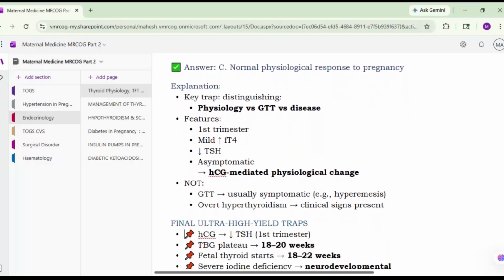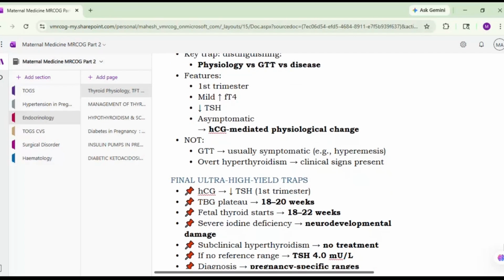It is hCG-mediated physiological change. Gestational transient thyrotoxicosis is usually symptomatic, and hyperemesis will be the feature. In overt hyperthyroidism, there will be clinical signs.